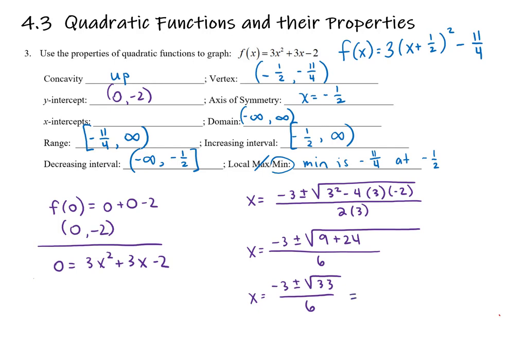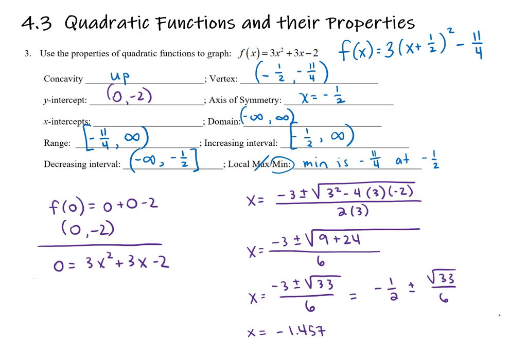I could maybe write it as negative 1/2 plus or minus radical 33 over 6, but that doesn't really give me those values. Using a calculator, I can figure out that one of my x-intercepts is negative 1.457.